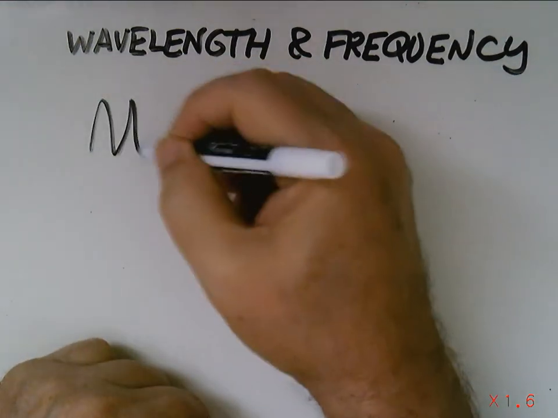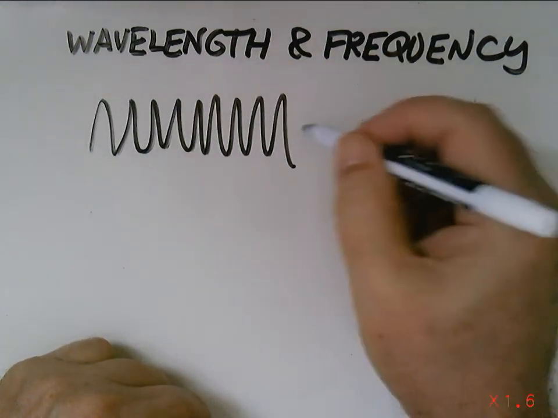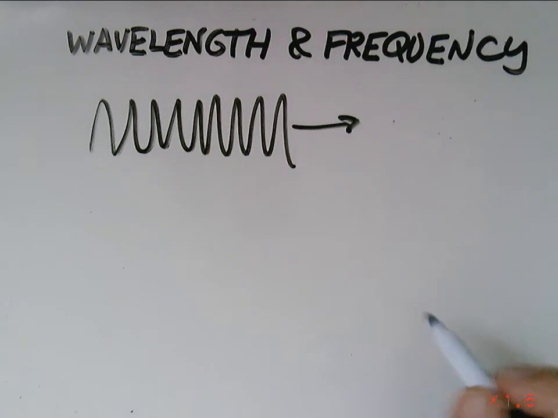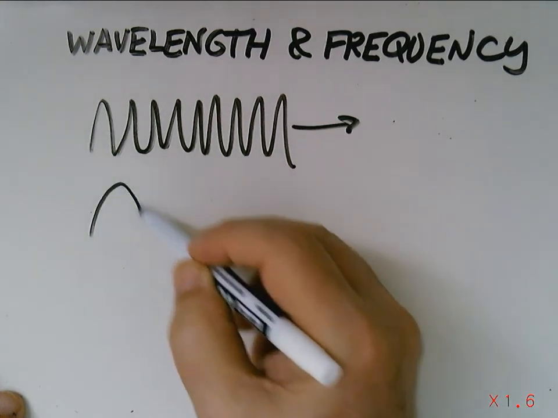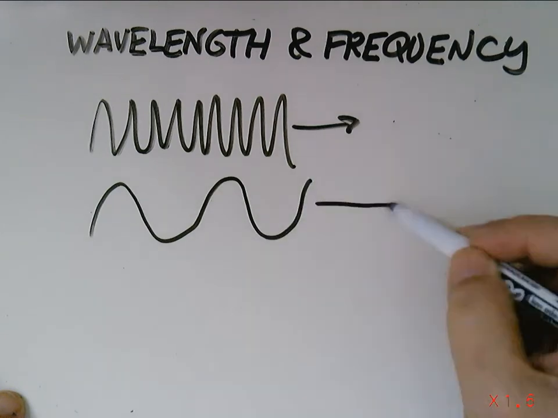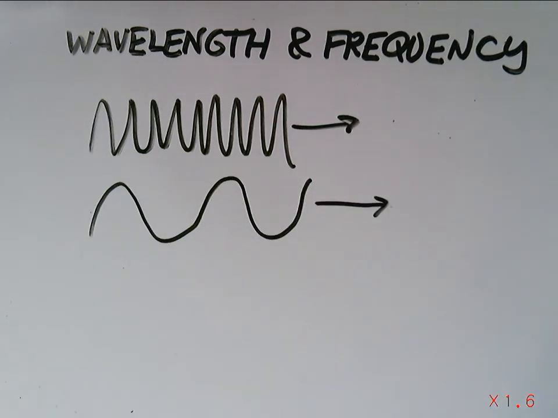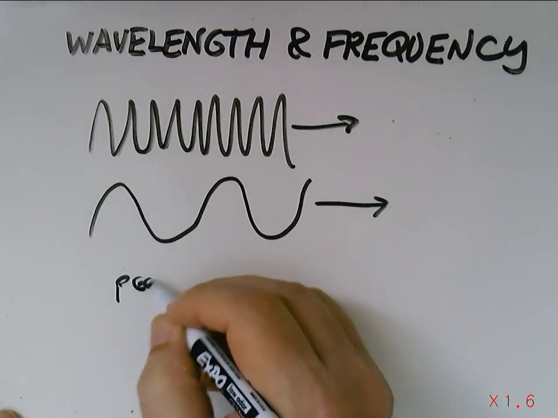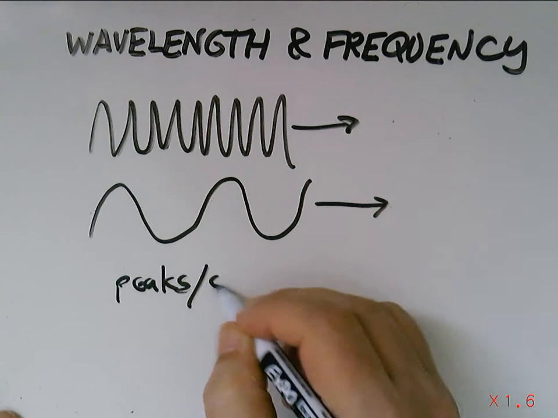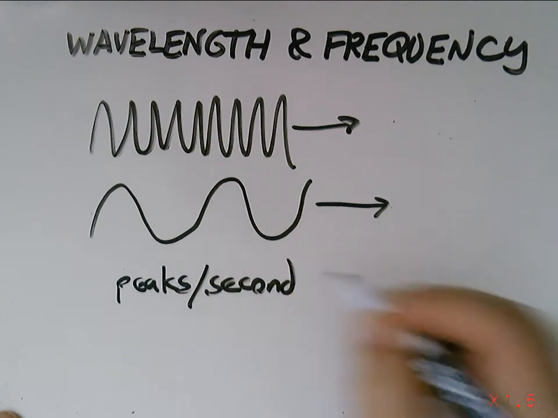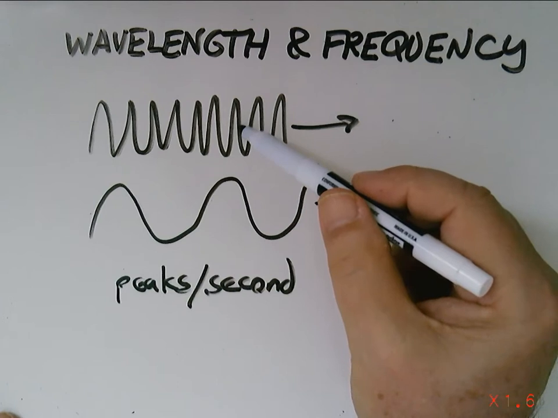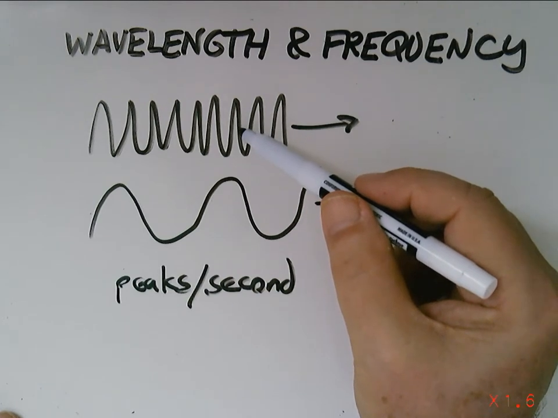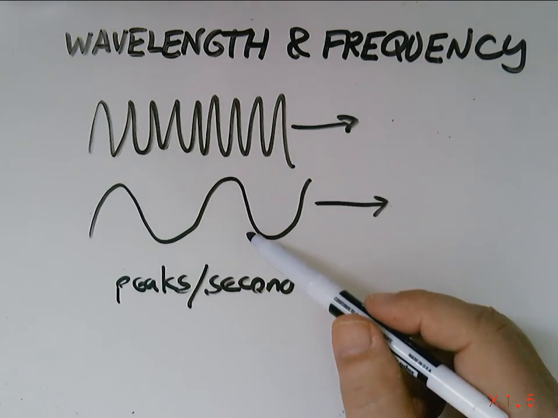If I have a wave that looks like this, and it's moving by me at the speed of light, and I have another wave that's moving by me like this, and it's also moving by at the speed of light, and I'm counting how many peaks pass by per second. I'm going to get a lot of peaks per second here, and I'm going to get only a few peaks per second here.